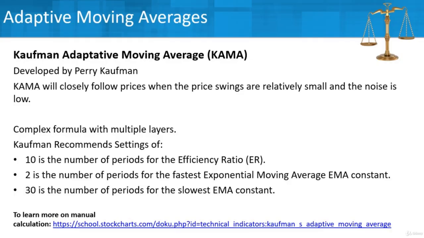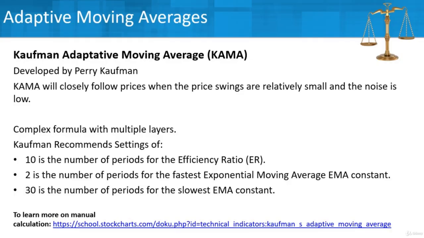It's got a complex formula with multiple layers, and they have some recommended settings. Sometimes you can change the settings, but they have recommendations: 10 being the number of periods, 2 the number of periods for a fast EMA constant, and 30 the number of periods for a slower EMA constant. Those would be the traditional numbers you'd enter: 10, 2, and 30. If you choose a Kaufman moving average in your platform, it'll actually prompt you for that.